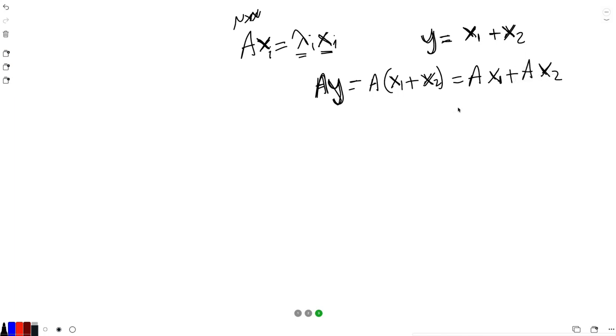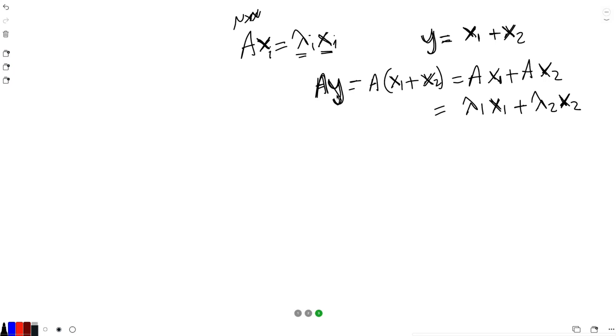We know that A x1 is lambda 1 x1, so it will be lambda 1 x1 plus lambda 2 x2. So you can see that the value of A y can be distributed in this way.